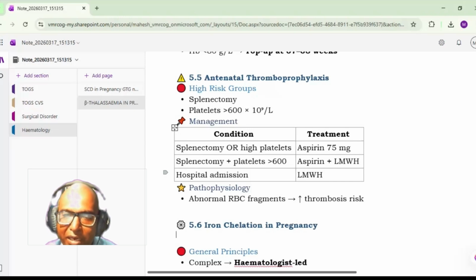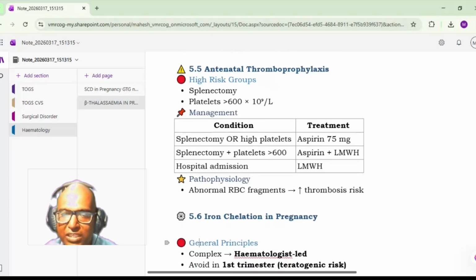And in any hospital admission, patient will be on LMWH. Okay. So if the patient has undergone splenectomy, but the platelet is normal, then only we need to consider aspirin. Then splenectomy, but platelet is more than 6 lakh, then aspirin plus LMWH is required. And any hospital admission, we will start LMWH. Okay. So these are the abnormal RBC fragments that leads to the increased thrombosis risk.